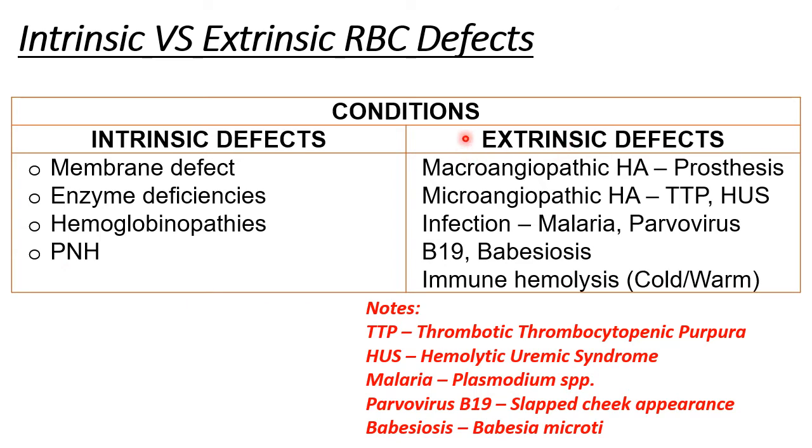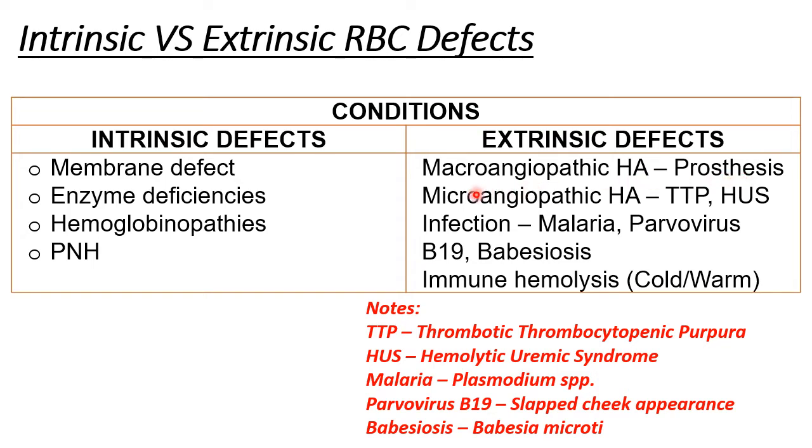The next, extrinsic defects naman. Pwede dyan ang macroangiopathic hemolytic anemia. Macro means big, angio means blood vessel. So, this refers to defects of the big vessels, most commonly seen during prosthesis.